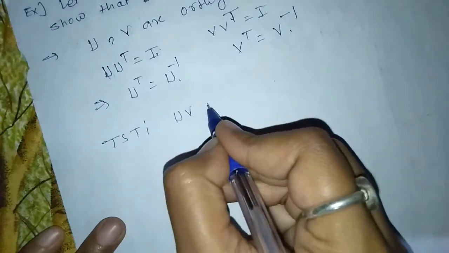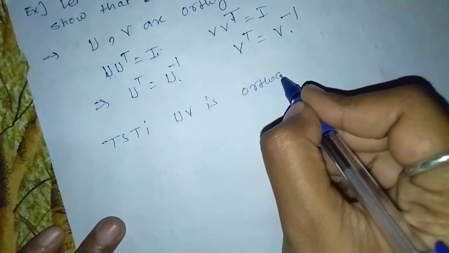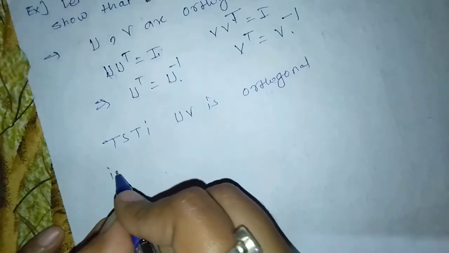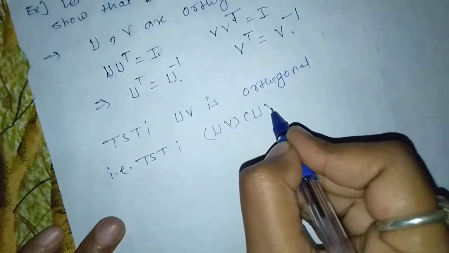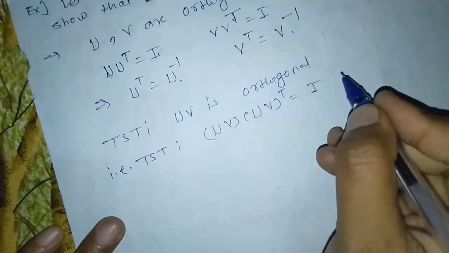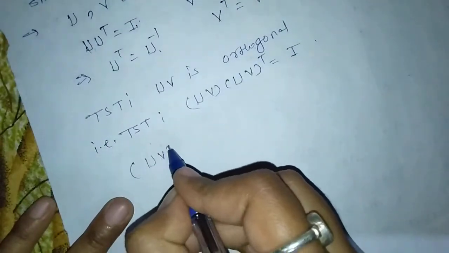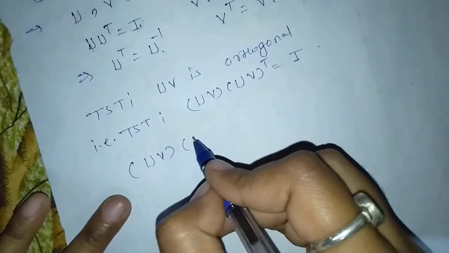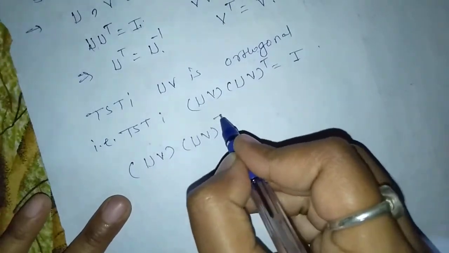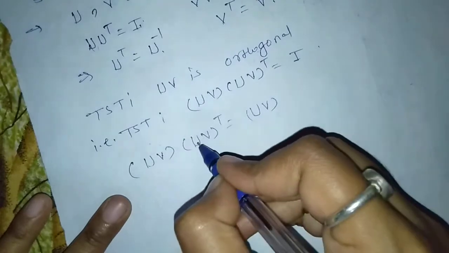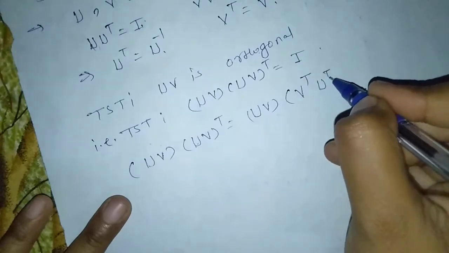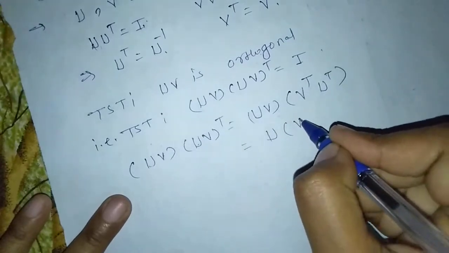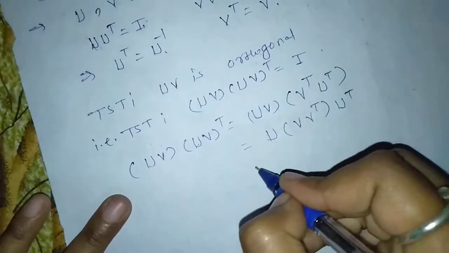So to show that UV is orthogonal, that is to show that UV into (UV) transpose is equal to identity. Now first take the left hand side: UV into (UV) transpose is equal to UV into (V transpose U transpose), by the formula. So U into V V transpose, U transpose.